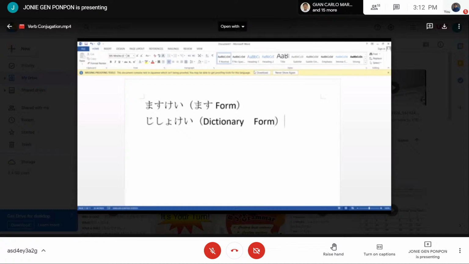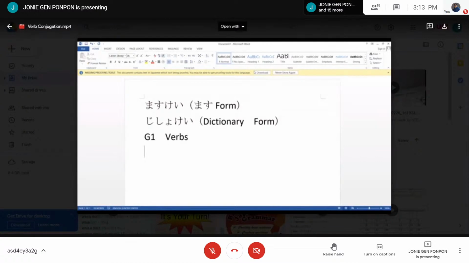In converting the masu form of a Japanese verb to the Jisho-kei, or dictionary form, of course, again, you should know how to identify if it is a group 1, group 2, or group 3 verb. So, first, group 1 verbs.